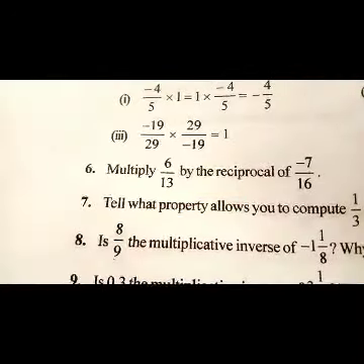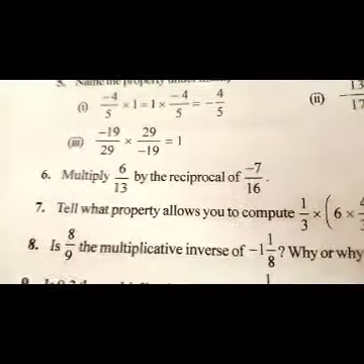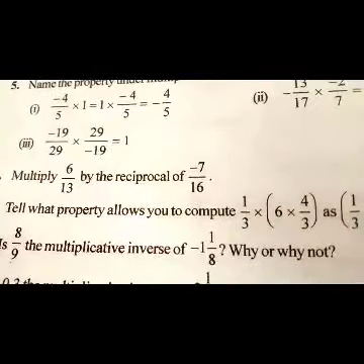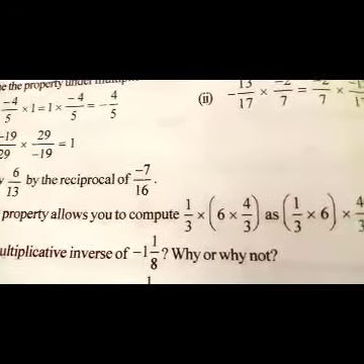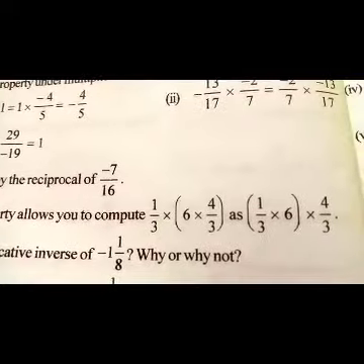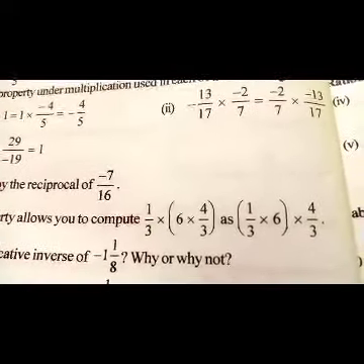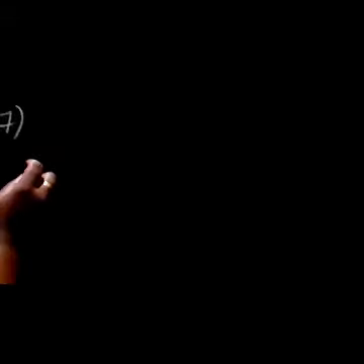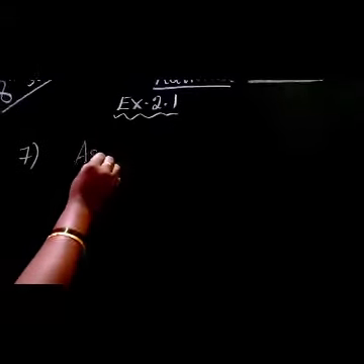Seventh question is, tell what property allows you to compute 1 by 3 into 6 into 4 by 3 as 1 by 3 into 6 into 4 by 3. This is like associative property in multiplication. What is the associative property?